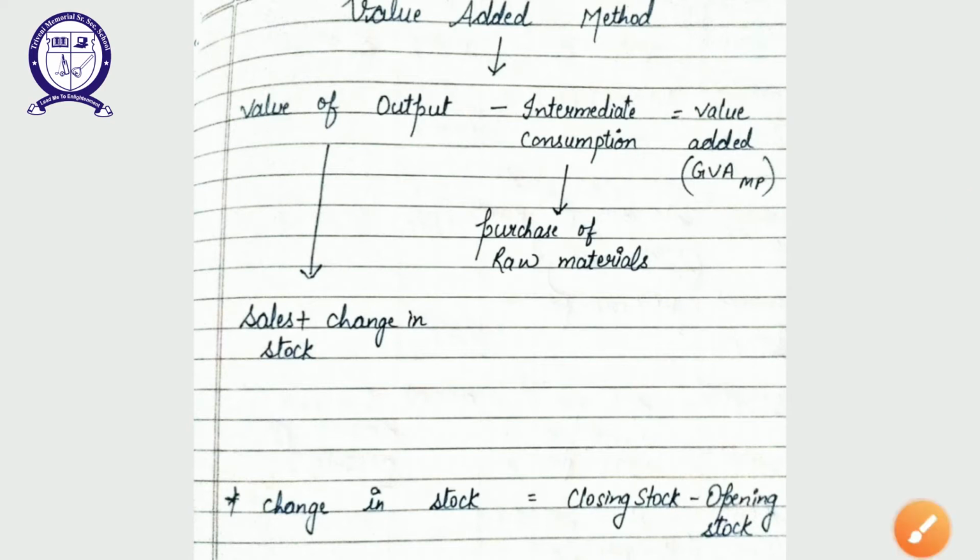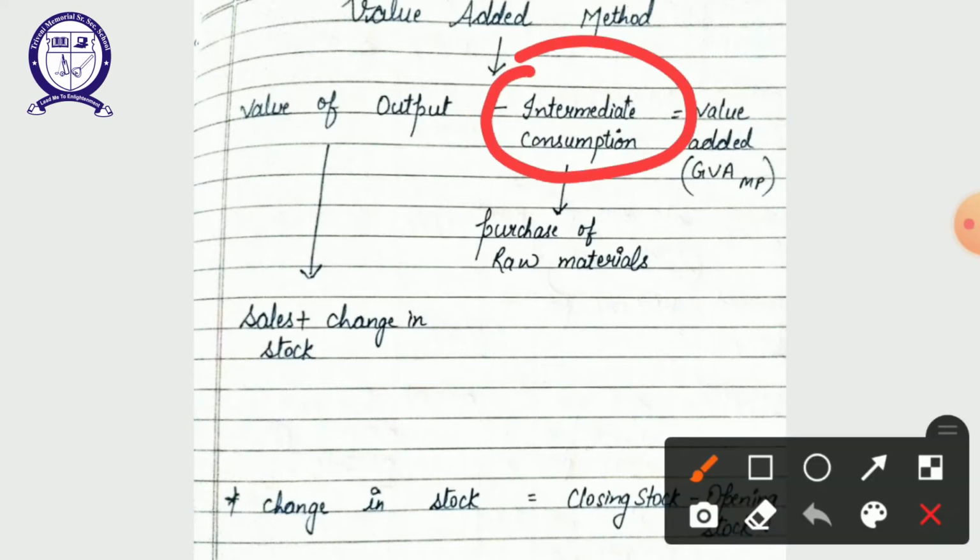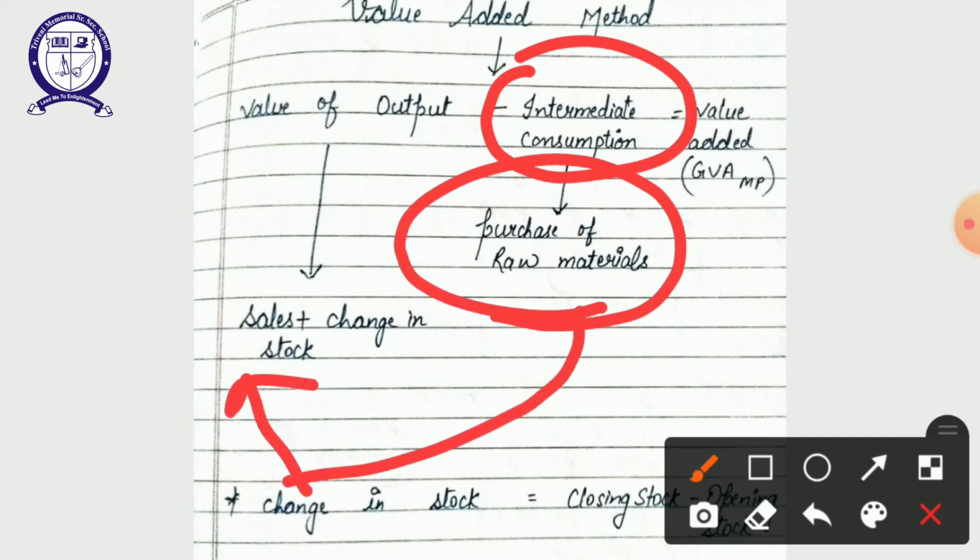Now intermediate consumption means whatever you have purchased. For example, you have purchased some kind of raw material. Now the same case as with sale will be repeated over here also.